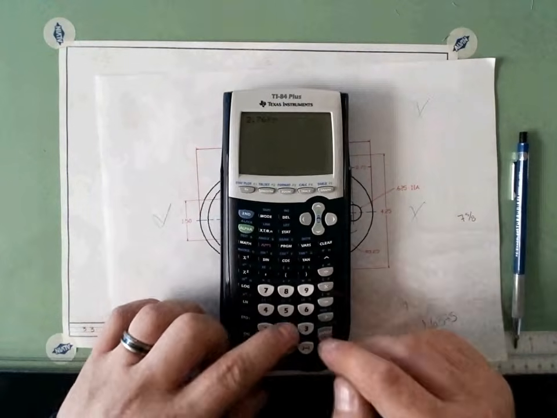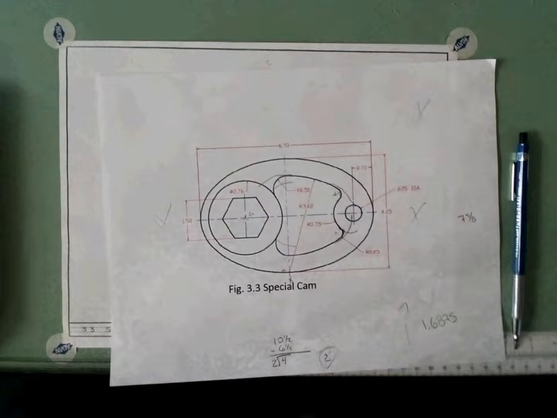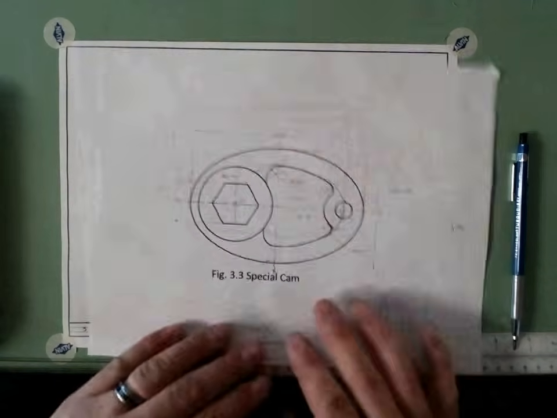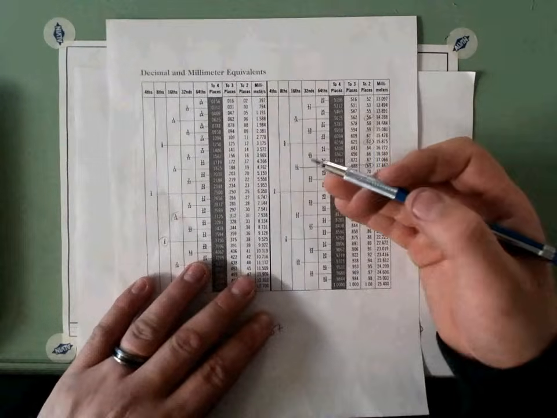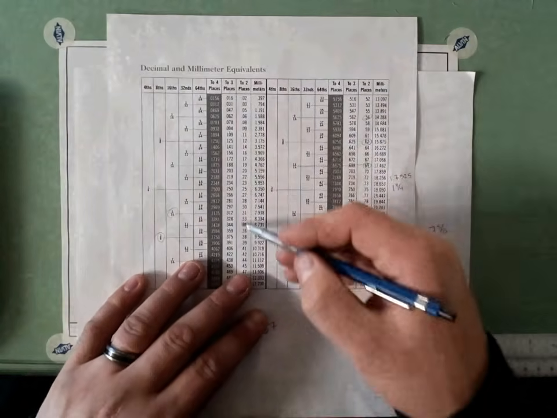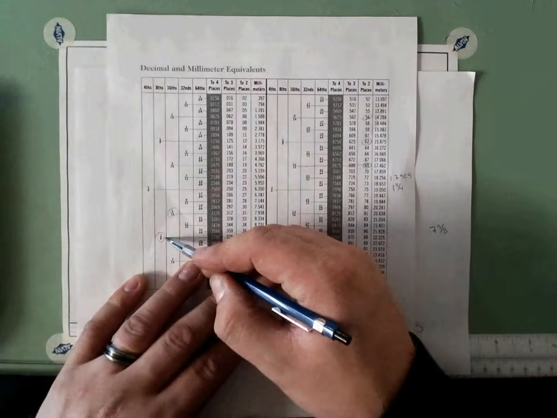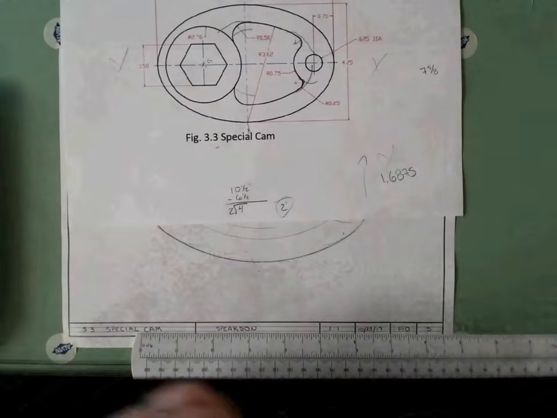So half of 2.76, which is 2.76 divided by 2, because diameter is always all the way across, so we have to split it in half in order to draw with the compass. So 1.38. Revert back to the template here for your conversion chart. 0.38, boom. 3/8 again.